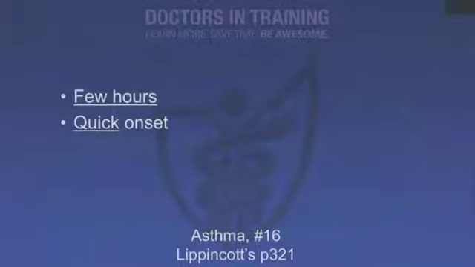The short-acting medications, typically the effect lasts a few hours, but the onset is very quick. So they take the medication and within minutes they're feeling better, and that symptom relief typically lasts for a few hours. So again, as you can see on that table, all asthmatics, regardless of what type they have, should have access to that short-acting beta-2 agonist inhaler.